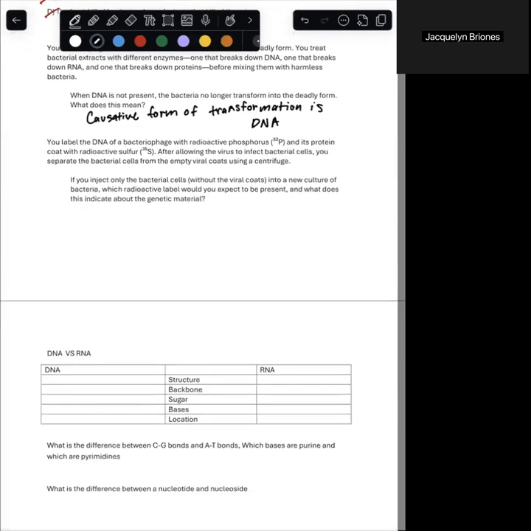Okay, next you label the DNA of a bacteriophage with radioactive phosphorus and its protein coat with radioactive sulfur. After allowing the virus to infect the bacterial cells, you separate the bacterial cells from the empty viral coats using a centrifuge. If you only inject the bacterial cells without the viral coats into a new culture of bacteria, which radioactive label would you expect to be present, and what does this indicate about genetic material?